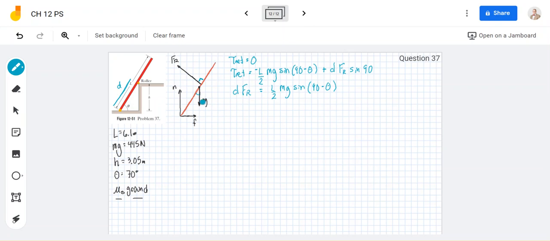So I think we're going to have to do a little bit of geometry here to try to find out what the d value is. So let's talk about this triangle here. This is our distance d. This is the roller up here.